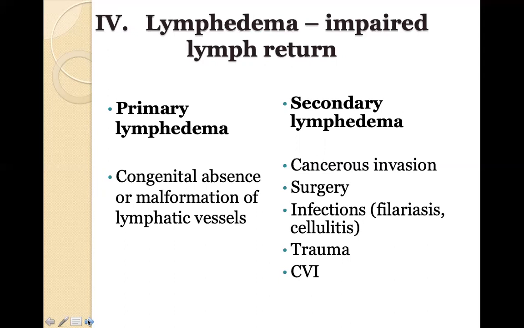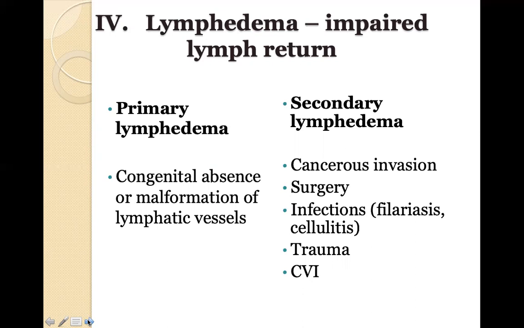Speaking of this, in the United States, certainly cancer is a major reason for secondary lymphedema, because cancer surgeries, which may remove lymphatics, followed by radiation, which may damage lymphatics, are certainly a significant contribution to secondary lymphedema.